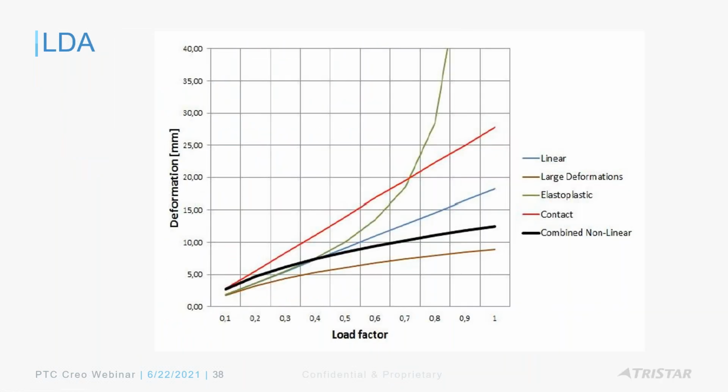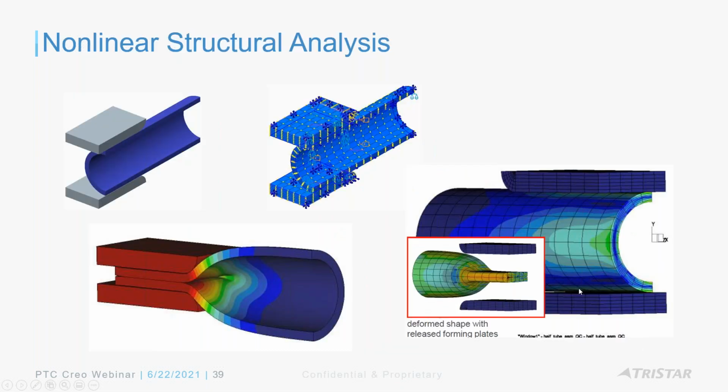So it can handle large deformation. You could go from linear, which you can do in the regular Creo Simulate extension, but if you want large deformation, elastoplasticity, contact, and combine all of them, you could do that with Advanced Simulate. So here's an example where I know there's going to be permanent deformation, but for permanent deformation, I don't want to use my regular tetrahedron mesh.